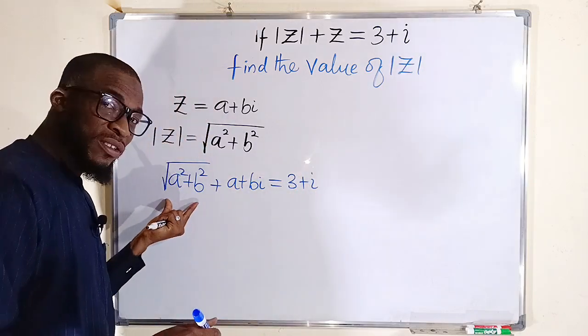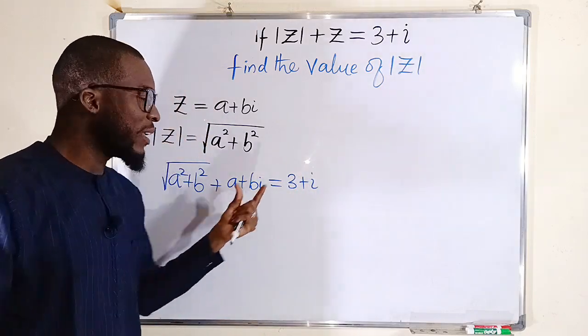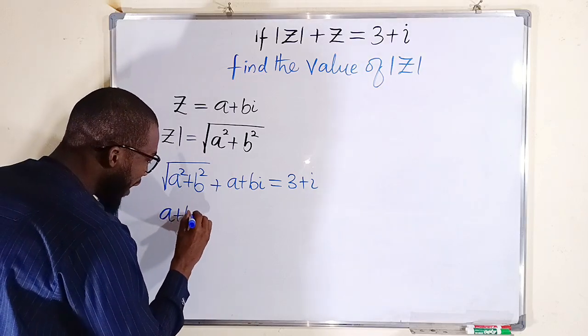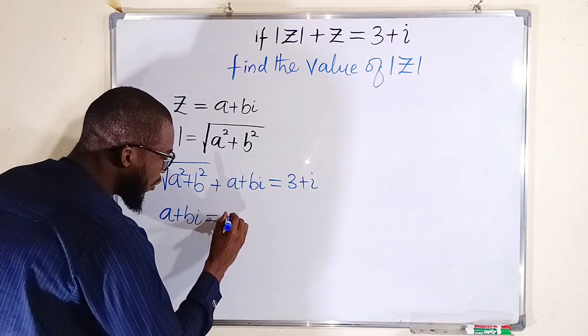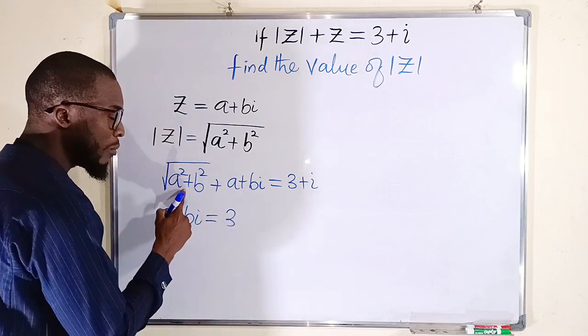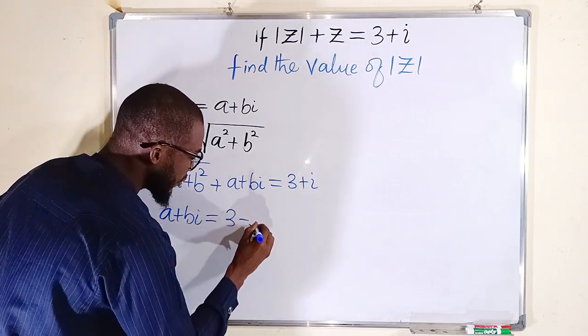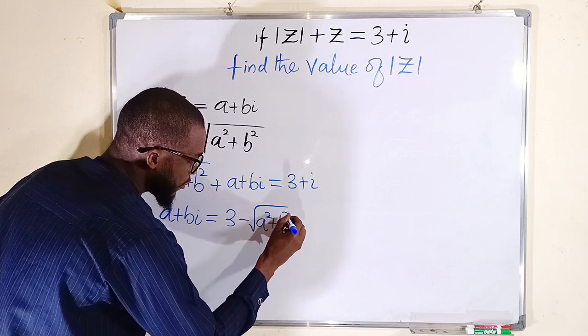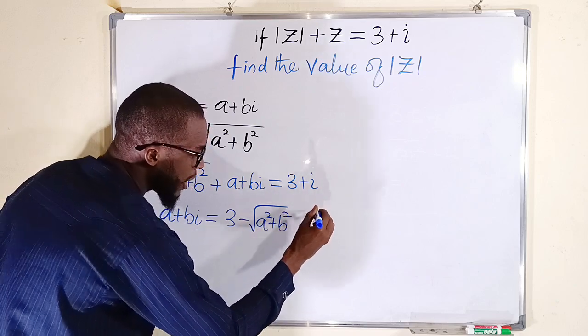Remember I told you this is a real number, right? So we can take it to the other side. We have a plus bi to the left, and this is equal to 3 as a real number minus another real number, minus the square root of a squared plus b squared. Then we have plus i.